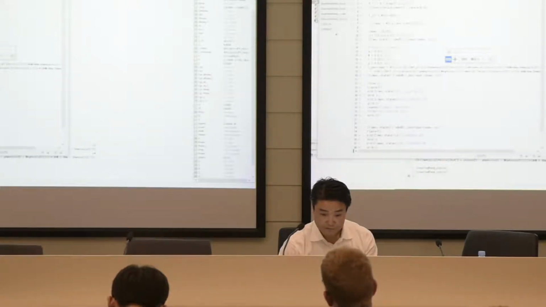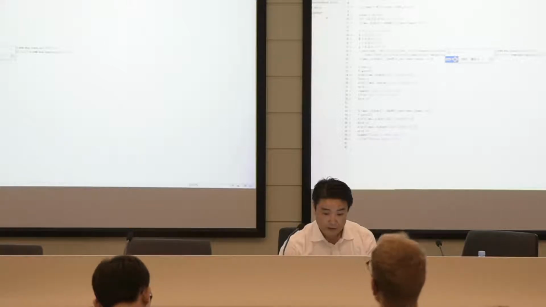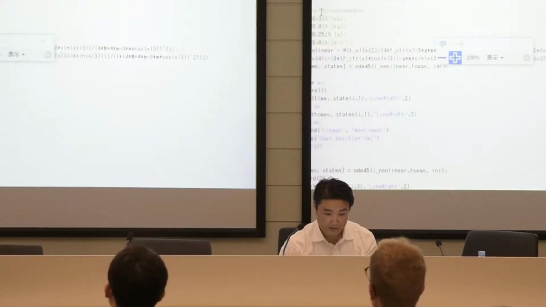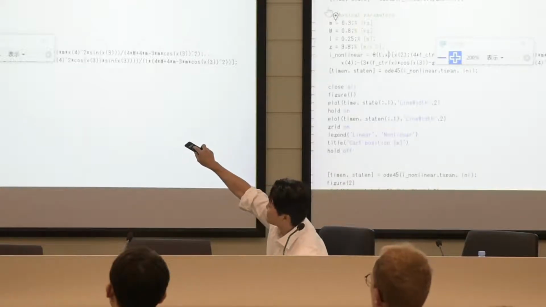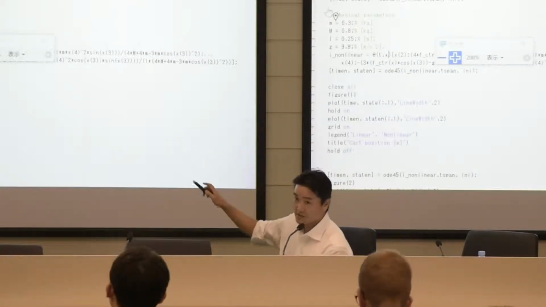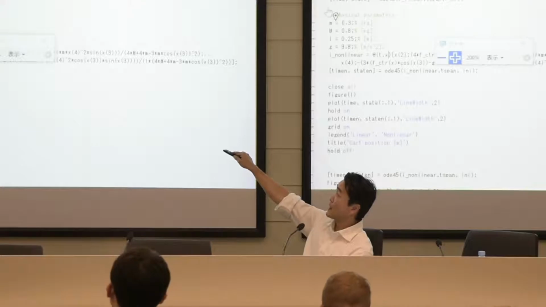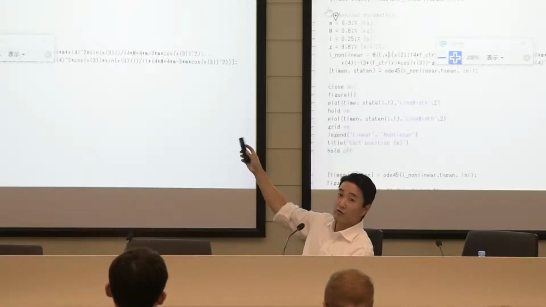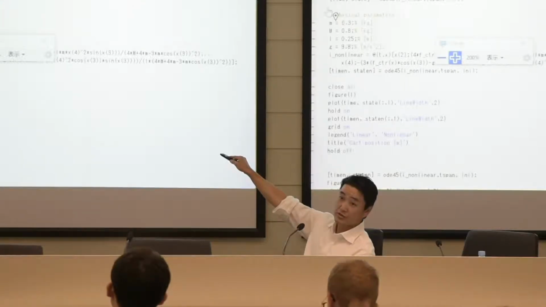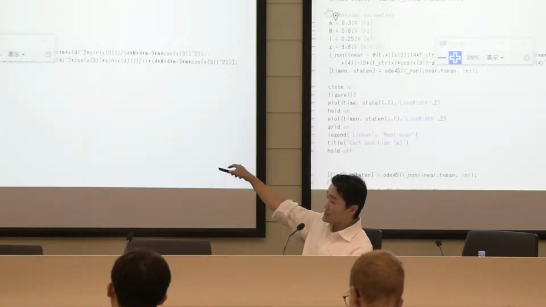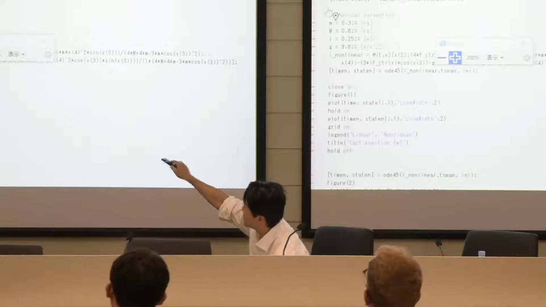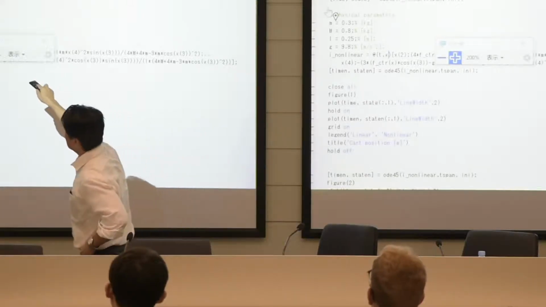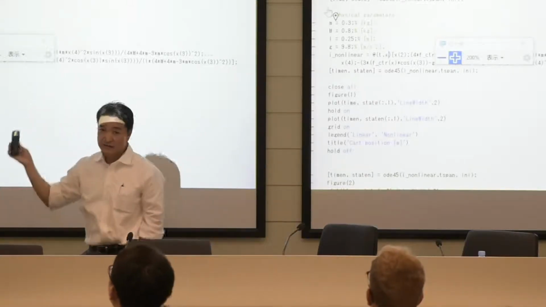And I put a specific number here near the initial condition. This is the limit of successful initial condition for the nonlinear system with this linear control. This would be 1.19 radian.